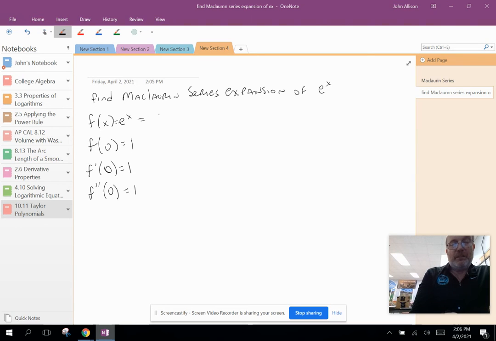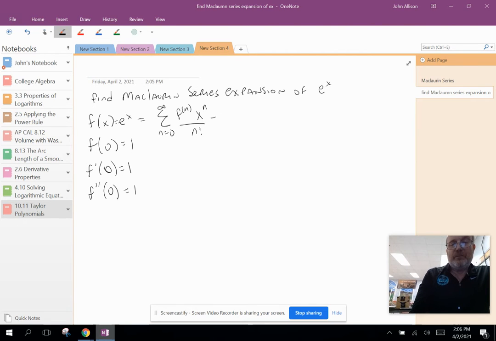So this tells me that this is going to be the sum, the Maclaurin series, for n equals 0 to infinity of the nth derivative times x to the n over n factorial.